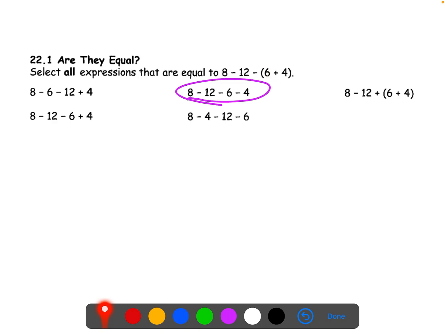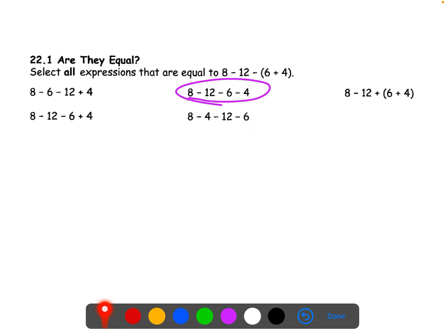So if we're adding 4, that is not going to be equivalent. Here we're adding 4 again. No addition there. Here seems likely, but right here, this addition is a problem because we're going to add 10 as we solve this. So none of these addition expressions are going to be equivalent. We have to continue subtracting.